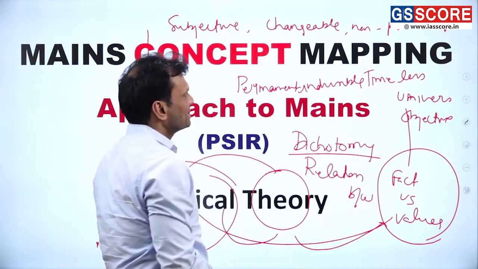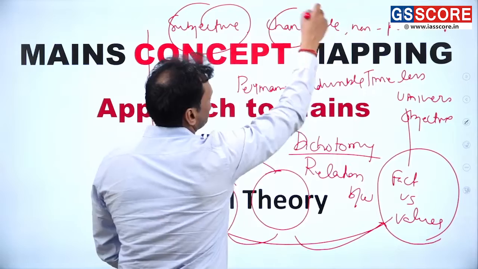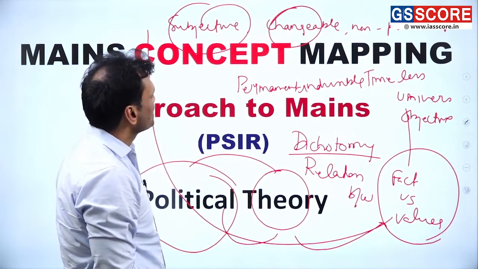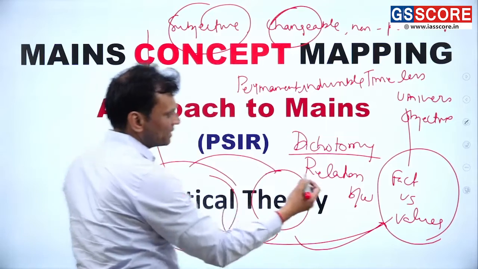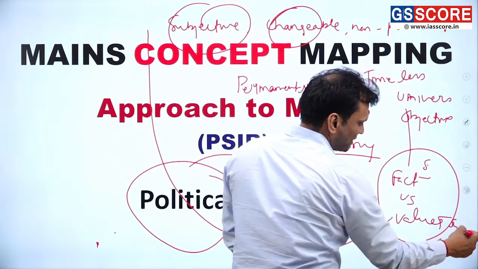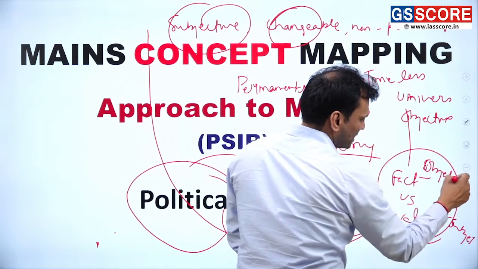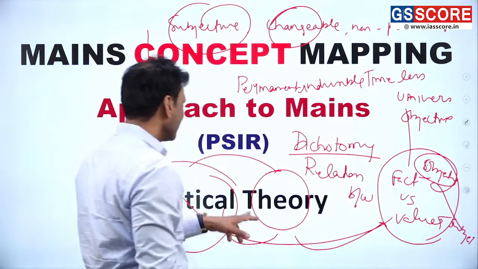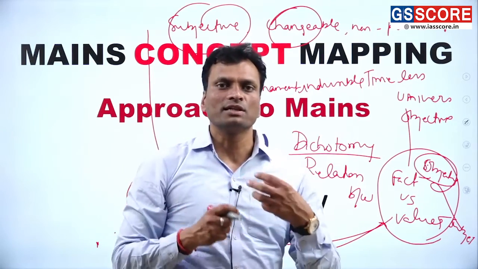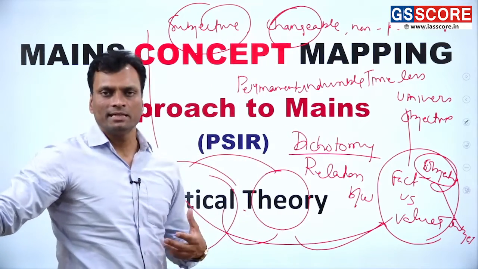Hence, it is more like, you can say, subjective, changeable, subject to different interpretation. So it is the relation between the subjective value as subjective element and fact as objective element. That's what is there. And political theory is debate about how you can find a correlation between subjectivity and objectivity in any political theory.